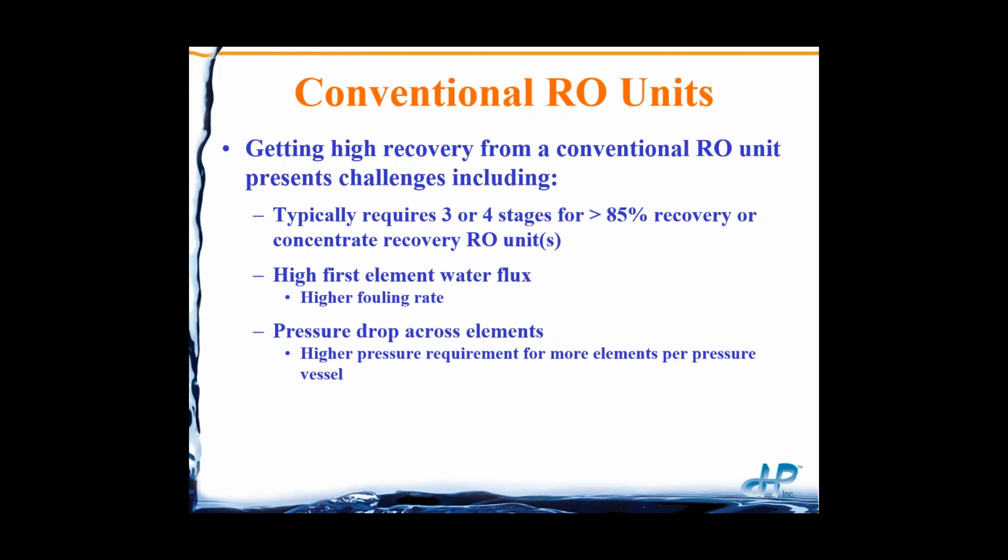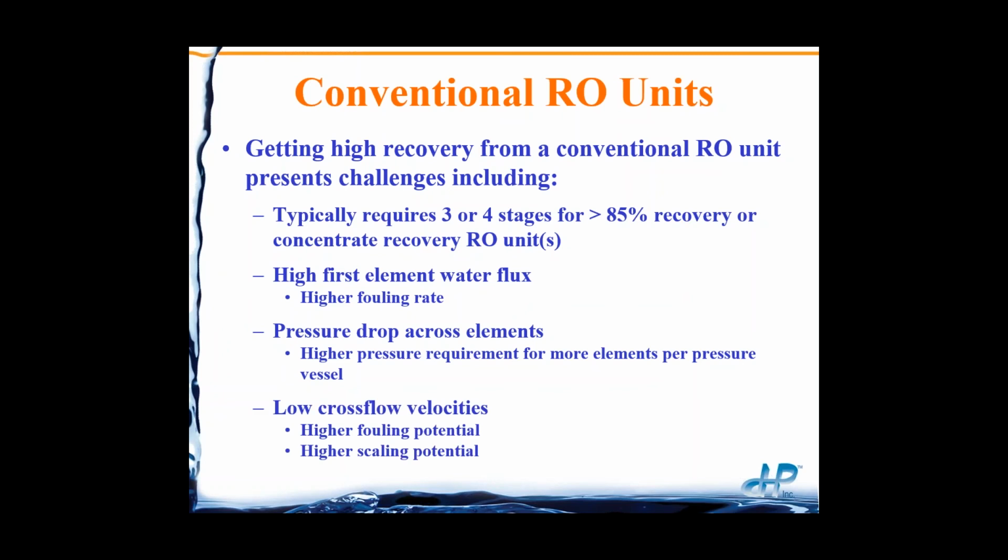Also, the more elements that you put into a pressure vessel, the higher the pressure drop, which then means that the first element will have proportionally even higher pressure, so higher water flux and higher fouling rate. So again, we'll see that CCD technology typically only has 4 membrane elements, sometimes 3.